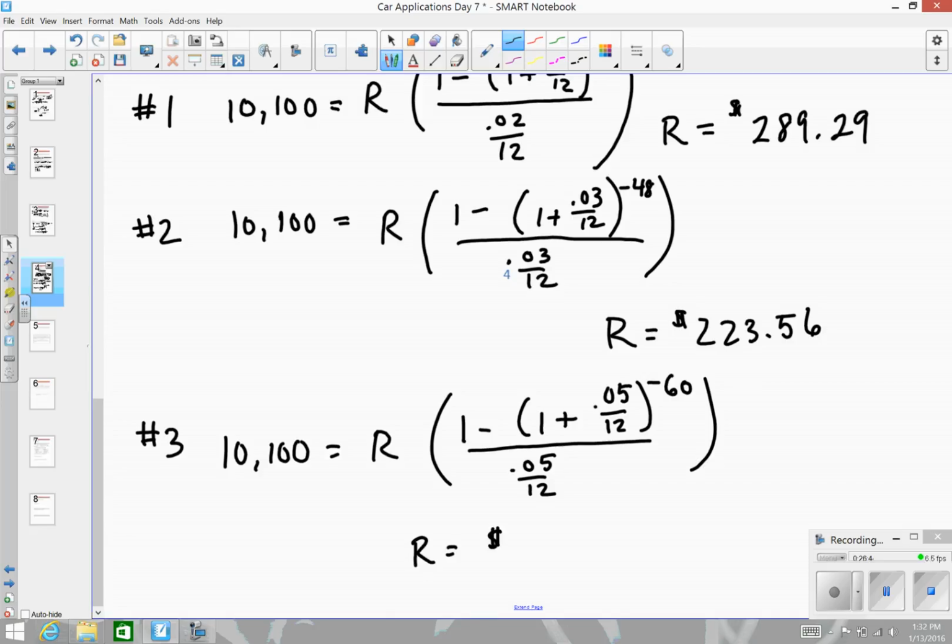Loan number three, 5-year loan, 5% interest. The monthly payment went down to $190.60.